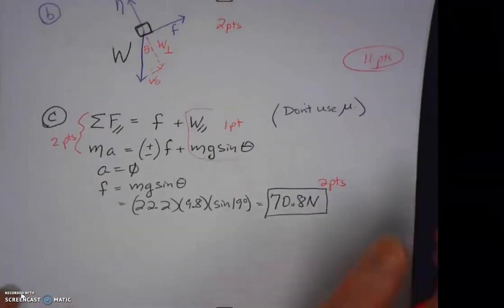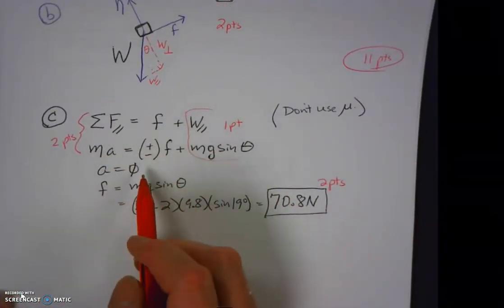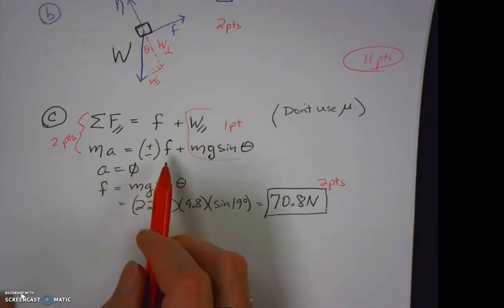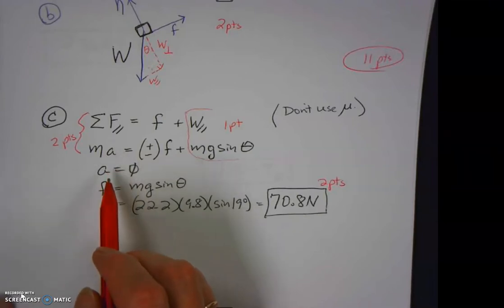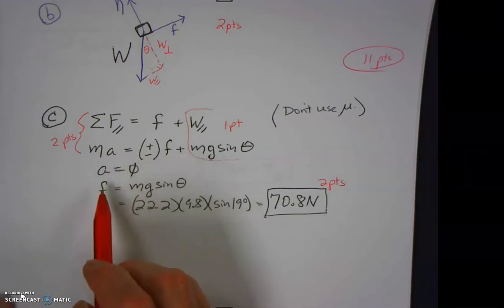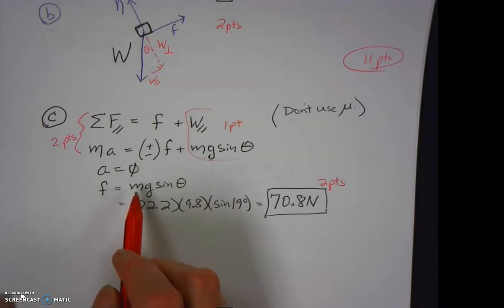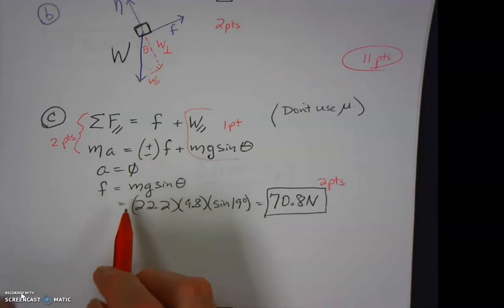Okay, so summing the forces parallel to the incline lets us solve for friction, and it helps tremendously to recognize those magic words. This is sliding at constant speed. That means acceleration is 0. That means the force of friction is equal to the force of W parallel, at least in magnitude.